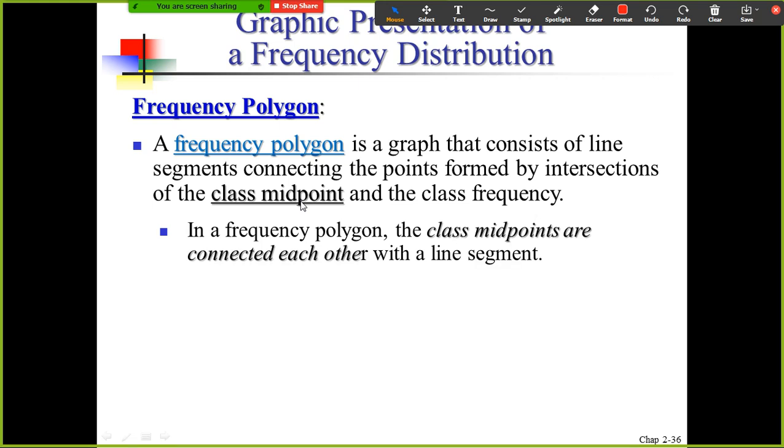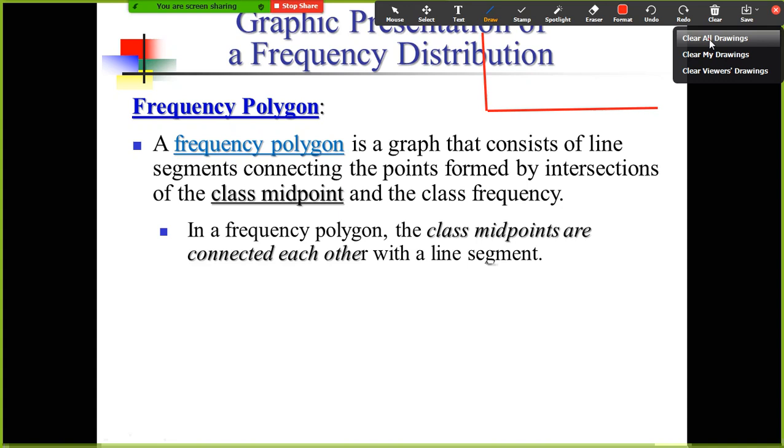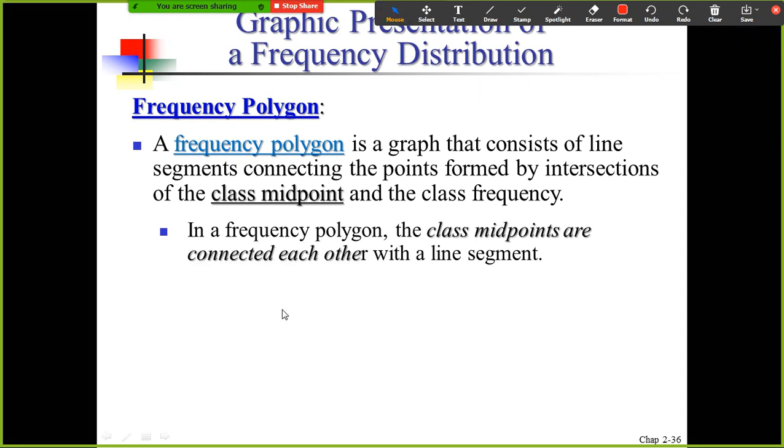Histogram uses class 1, class 2, class 3, class 4 on horizontal. Yes, on horizontal. This is vertical. On horizontal, a histogram uses a class, but a frequency polygon uses the class midpoint or class mark that we already looked at so far. Okay, this is the difference.